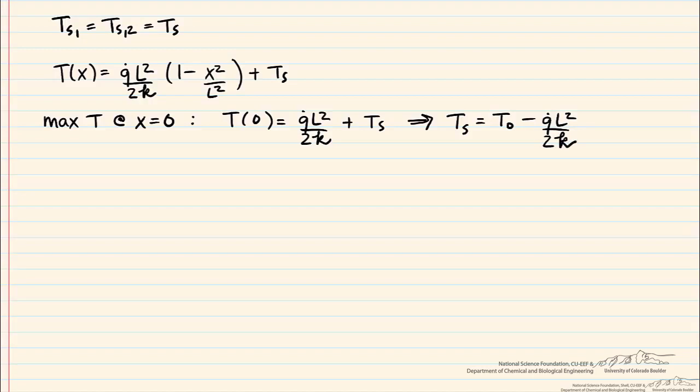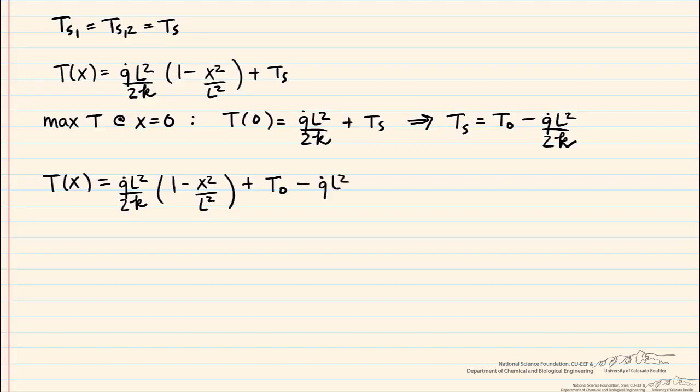Now our temperature distribution becomes T of x is equal to q dot L squared divided by 2k times 1 minus x squared over L squared plus T0 minus q dot L squared over 2k.